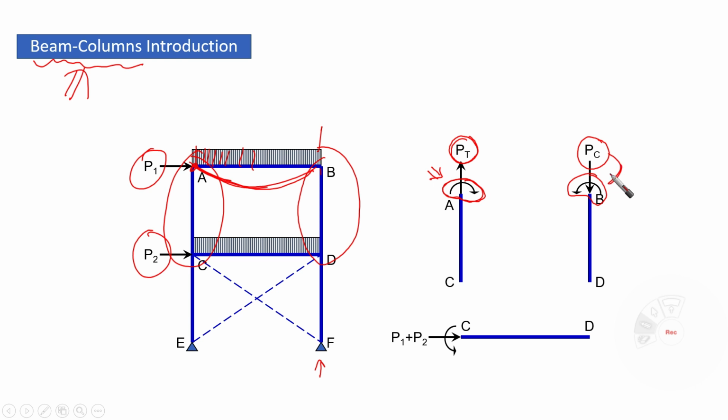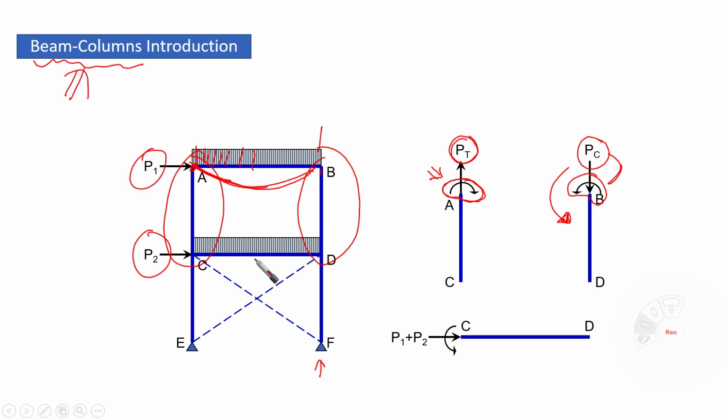Both of them contribute to the element, and the straining actions that are developed are based on these two main components. Actually, this applies to the vertical elements, as we can see here, or it can also be for horizontal elements like CD.